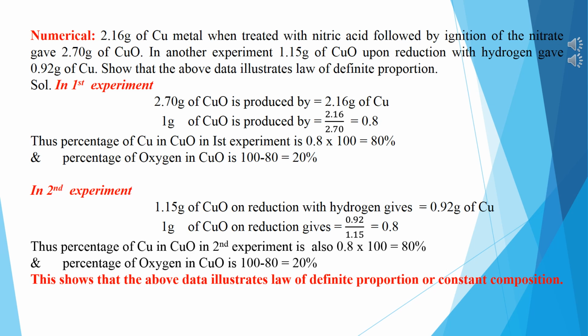So here also the percentage of copper in copper oxide is 80% and the percentage of oxygen is 20%. So this shows that the above data illustrates the law of definite proportion or constant composition, because in both the experiments the percentage of copper and oxygen comes out to be the same.